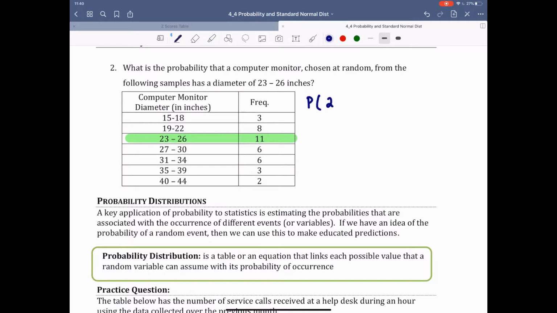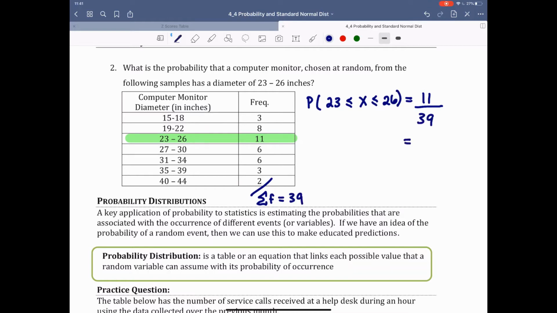So I can write this using set notation. So P of X is greater than or equal to 23, but less than or equal to 26. And we know that 11 of them are within that range. But what we do need to know as well is how many monitors were sampled in total. So if we add up the frequencies, so the sum of the frequencies, that sigma means sum of, that's equal to 39.